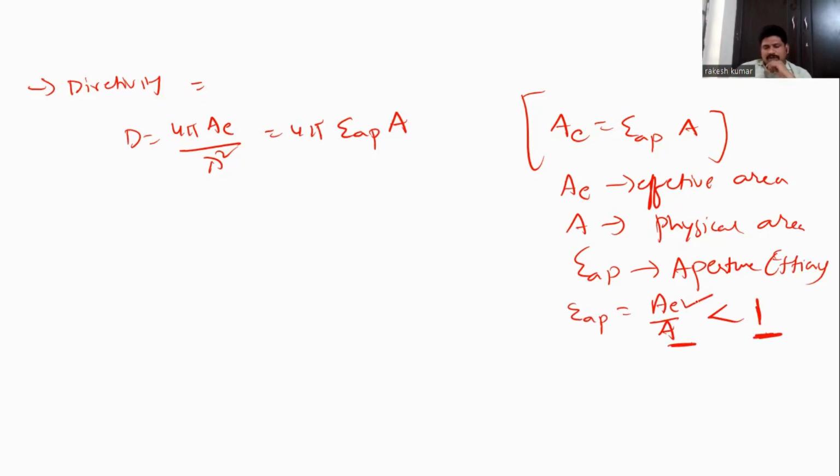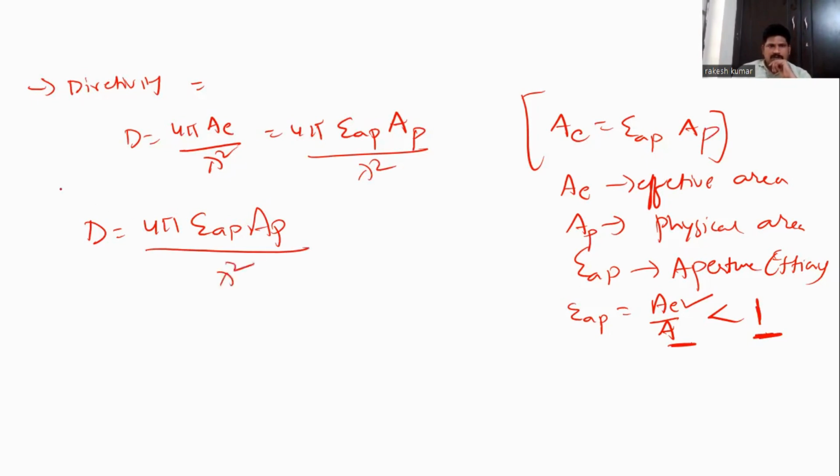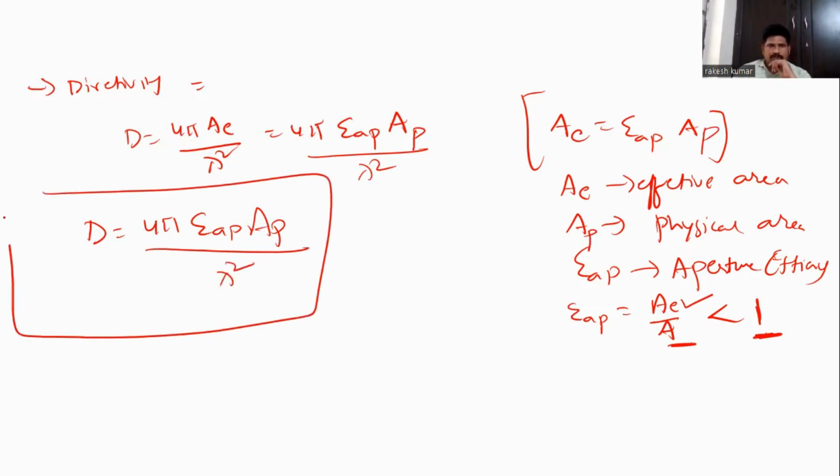Therefore, directivity is equal to 4 pi into epsilon AP into AP by lambda square, where AP stands for physical area.